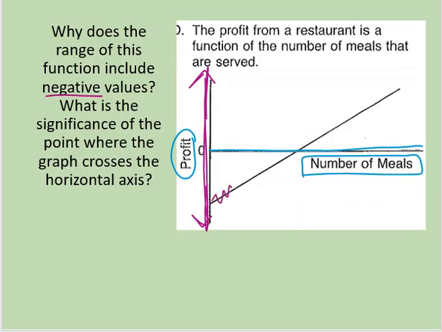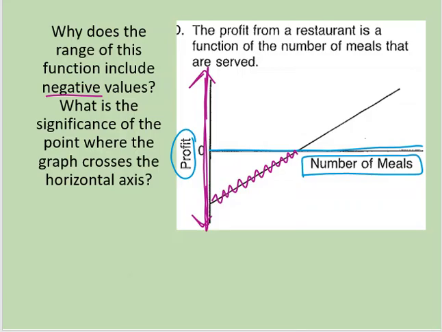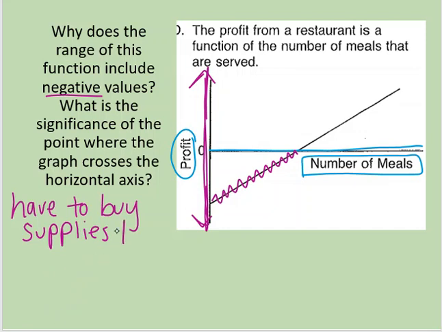It's talking about all of these values down here. How can that be negative? Well, it's negative because if you were to open a restaurant, before you can start making money and selling meals, you have to buy all of that food first. So you have to take out your own money before you can start making money. So you start out pretty much in the negative, with negative money. You have to buy those supplies to sell the meals.